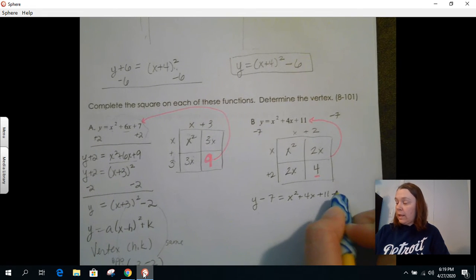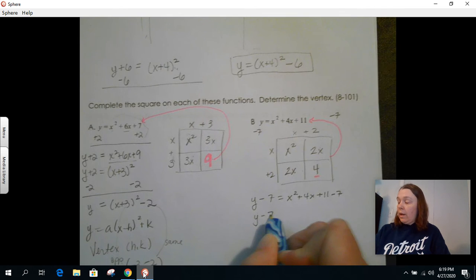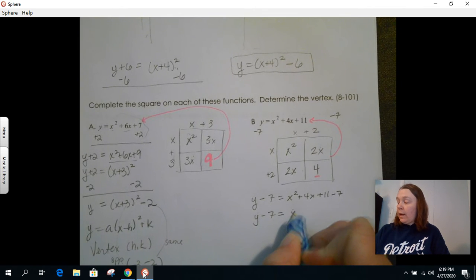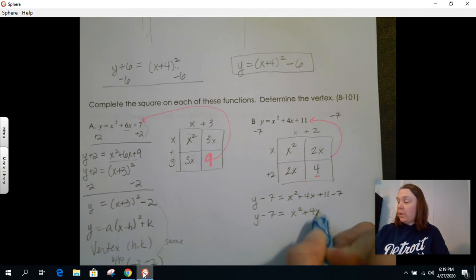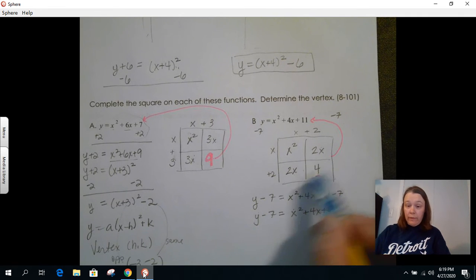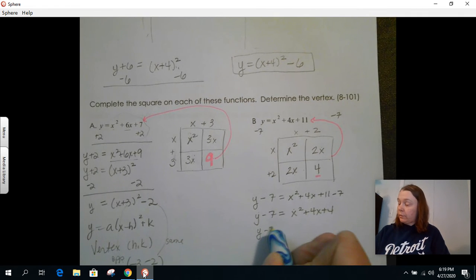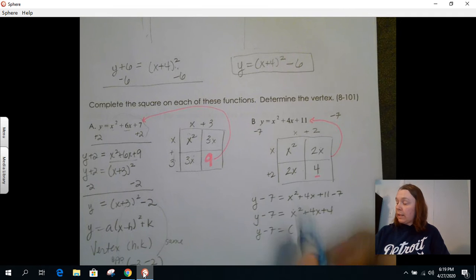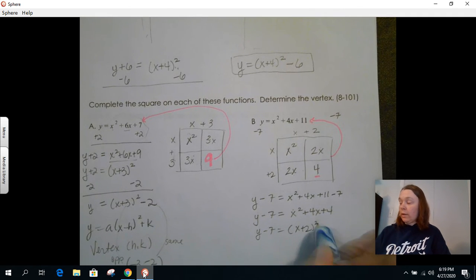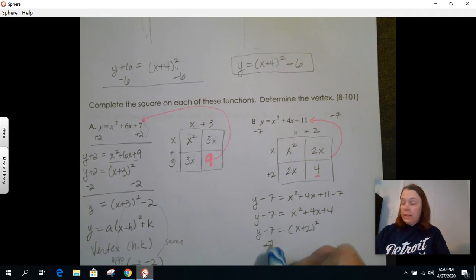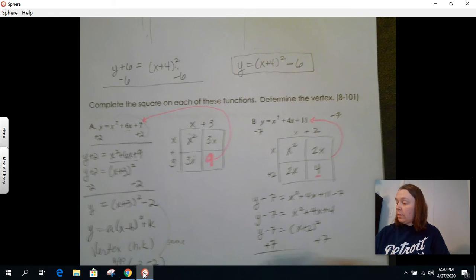And then I took away the 7. So I would have x squared plus 4x plus 4, right? That's what I want to have here. And then I could write this as x plus 2 squared. And then I would add my 7 to both sides.